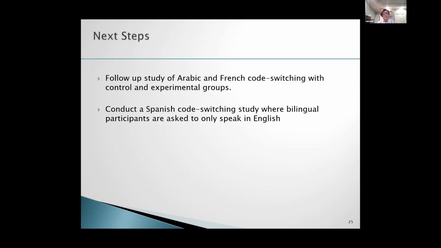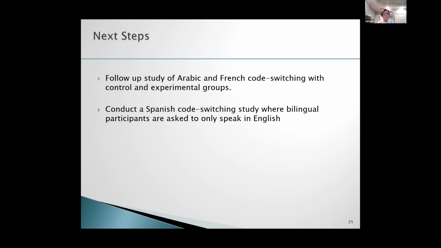Our next step is to follow up the Arabic and French studies with a control to see if we can again induce code switching in those populations and those bilinguals.